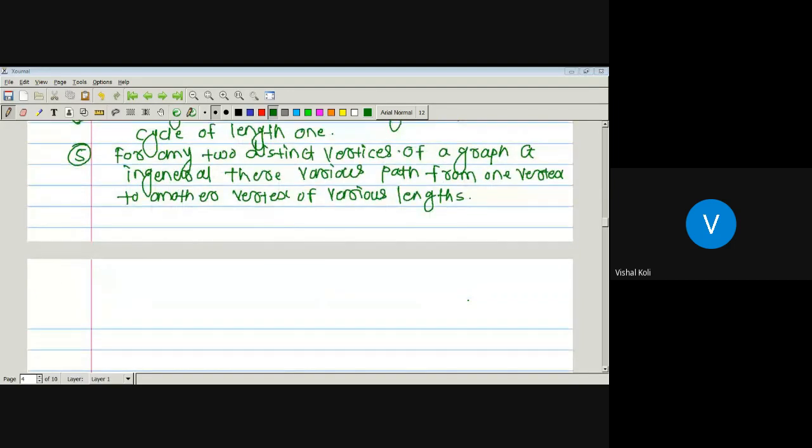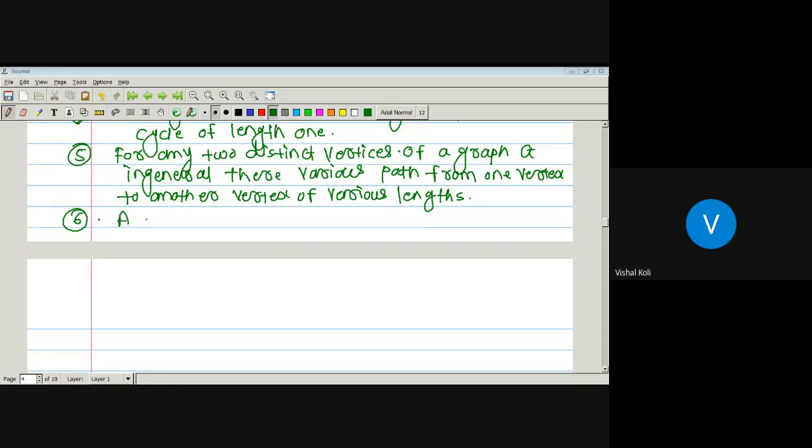A single edge together with its end vertices is a path or a cycle? Repeat. A single edge together with its end vertices is a path or a cycle? Path, sir. And if its ends are same, then it is a cycle.